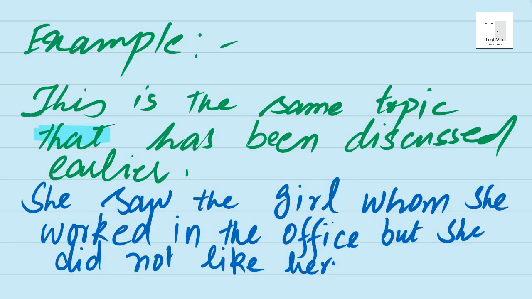She saw the girl whom she worked with in the office, but she did not like her, or but she didn't like her. Alright, whom is a relative pronoun in this sentence. That is the cause of connecting the first clause to the second clause. So the second clause is dependent on the first clause, and this is the first clause, and then relative pronoun, and then the next one.